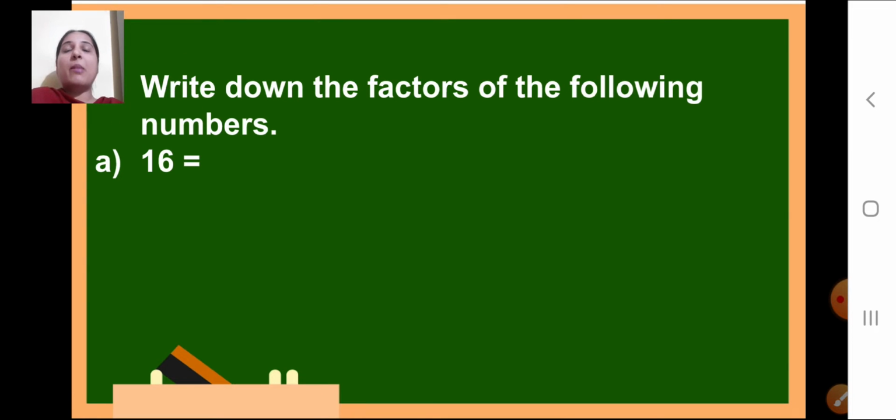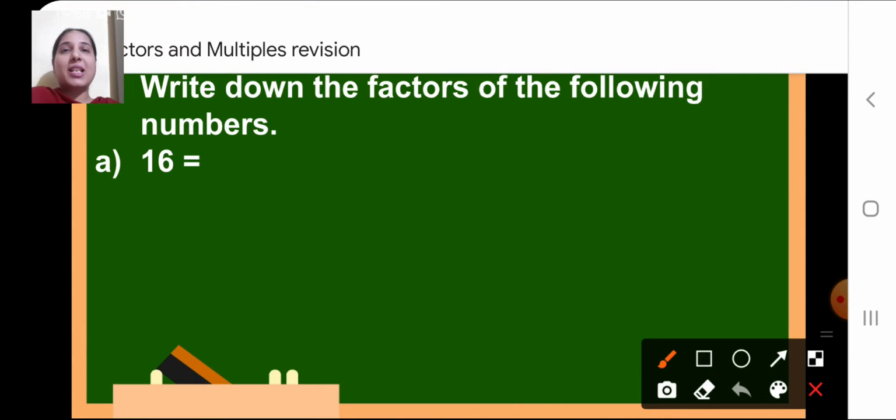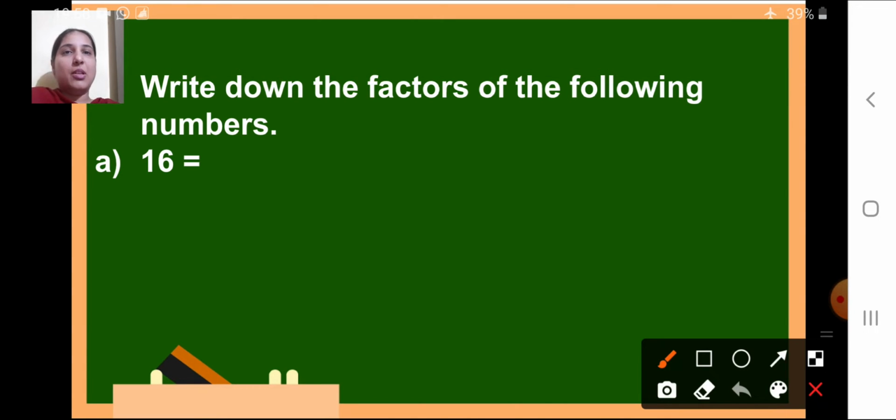Suppose we have to find the factors of number 16. Children, you already know that 1 is the factor of every number, so we'll start with 1. 1 sixteen times will give you 16. Then which two numbers, if you multiply them, give 16 as the product?